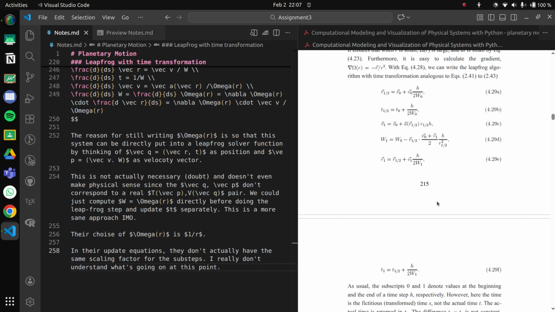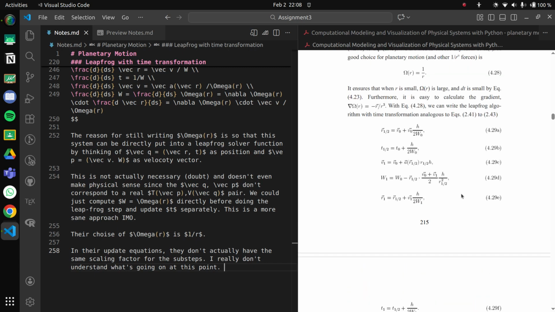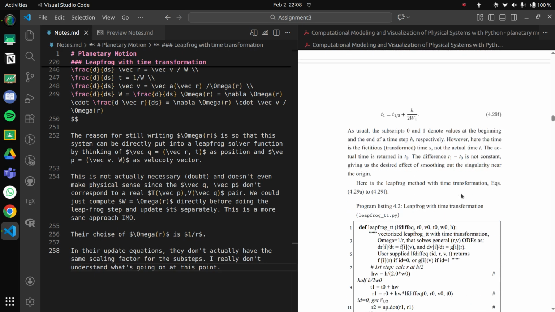Because over here you don't even have a proper t as such, so what's going on? How does this make any sense? Anyways, I'm just going to accept it for what it is, but okay, move on.